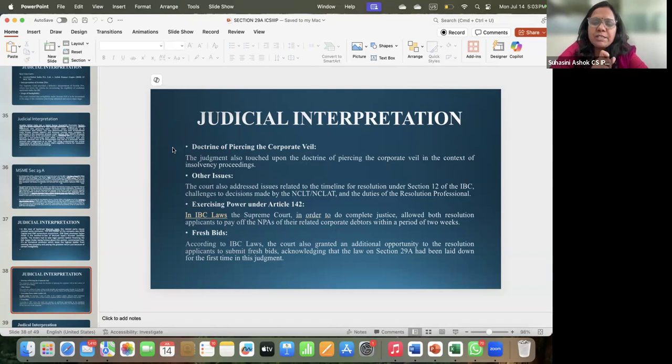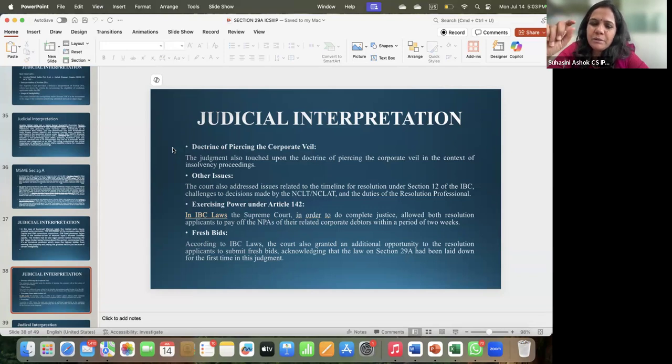In order to complete justice, it allowed both resolution applicants to pay off the NPAs of their related corporate debtors within a period of 2 weeks. So what has happened here? Their related parties had an NPA and they were not qualified to submit the expression of interest.